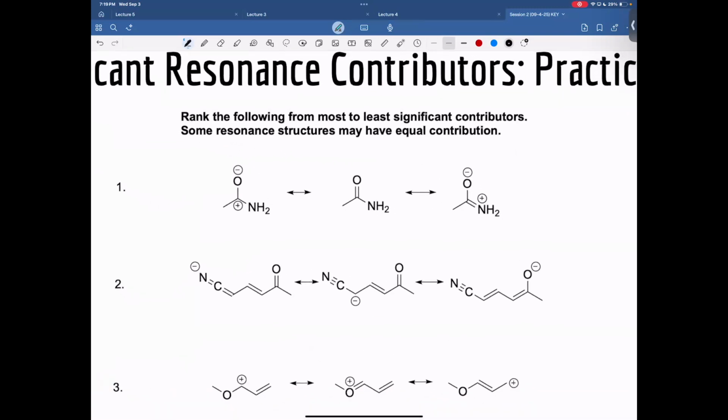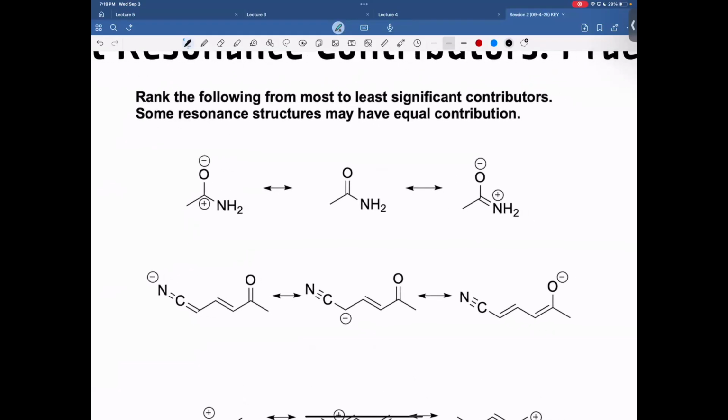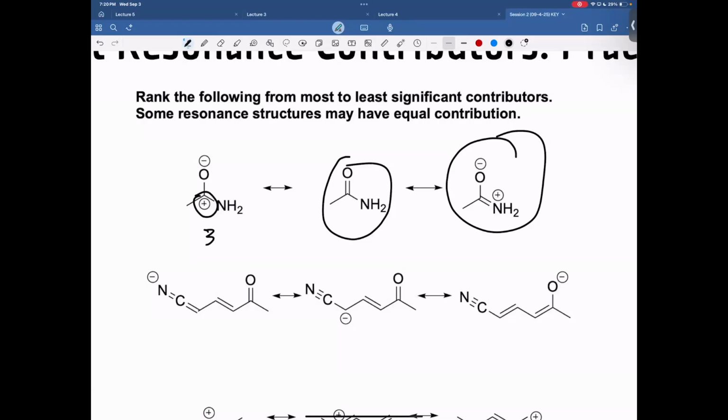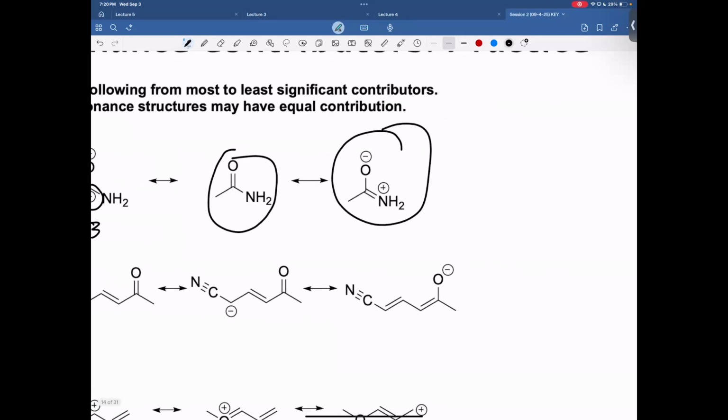So let's see here. If we look here, this molecule has filled octets everywhere. This one has a filled octet. But look at this one. This one has a positive charge on a carbon, meaning it's an unfilled octet. So this would automatically be placed third, least significant. Next, we have to compare these two.